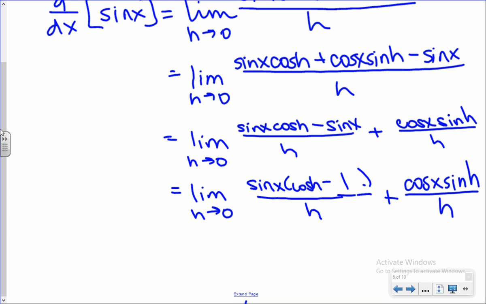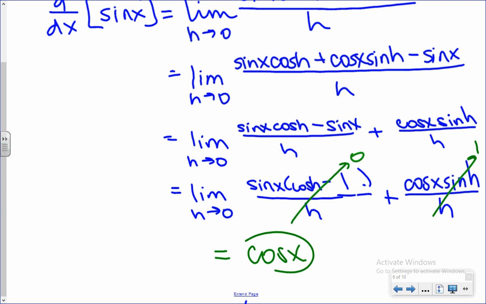Okay. We know some special limits. As h approaches 0, what happens to cosine of h minus 1 over h? Okay. What happens to sine of h over h? Okay. So sine times 0, 0, we're left with this one.